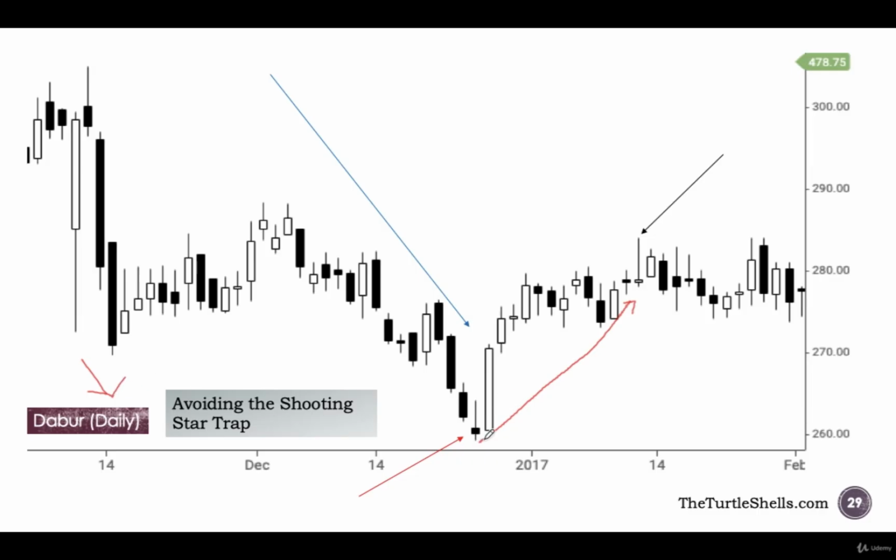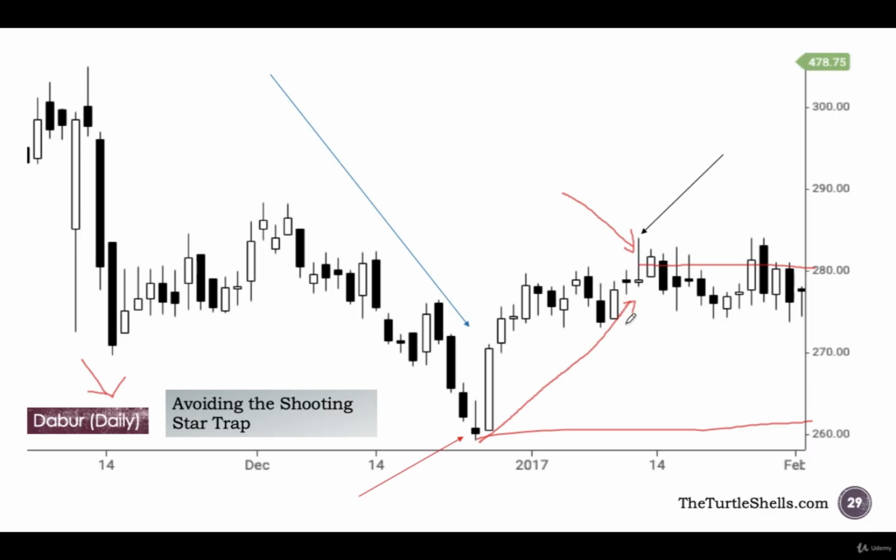So the price has gone up from around 260 to about 280, around 20 units on a stock which is priced at 280. That's quite a good percentage gain in the price. That's an uptrend. So that is why I call this a shooting star.